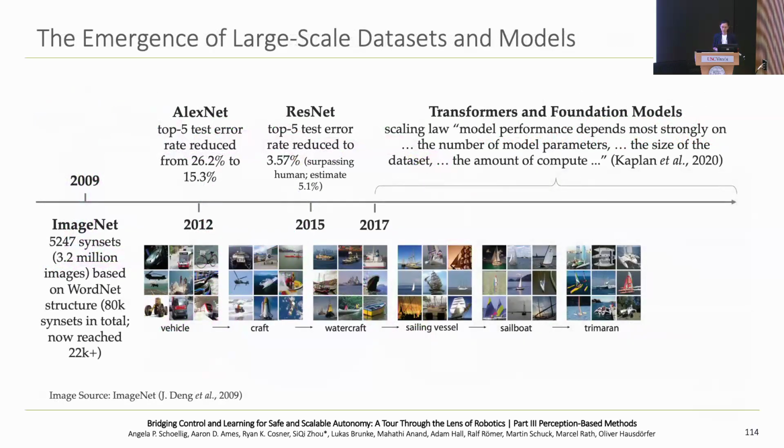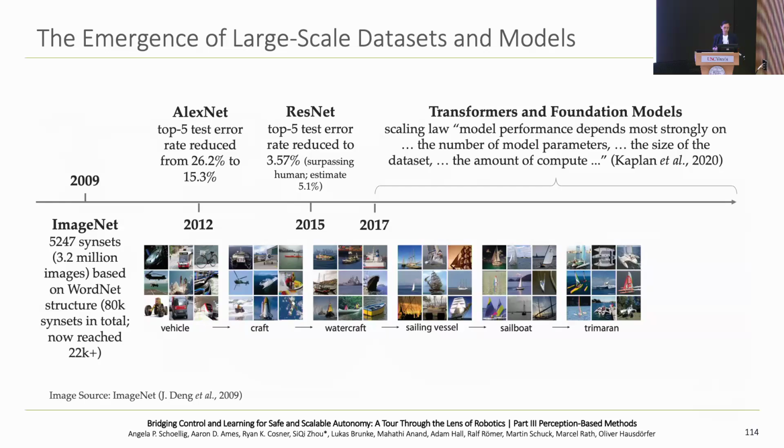This trend of embedding semantics is partially driven by the availability of large-scale data sets, as well as continuously improved algorithms to distill trends from those data sets. Those efforts started from ImageNet, which was one of the largest data sets from 2009 for image recognition tasks.